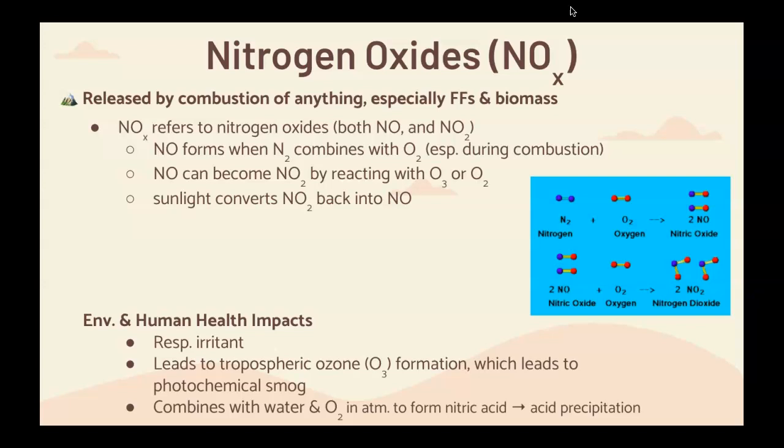It also leads to the formation of tropospheric ozone, which is then an ingredient in photochemical smog. And then similarly to SO2, NO2 is going to lead to the formation of nitric acid, which then becomes acid deposition or acid precipitation.